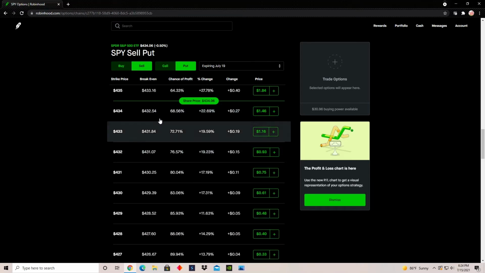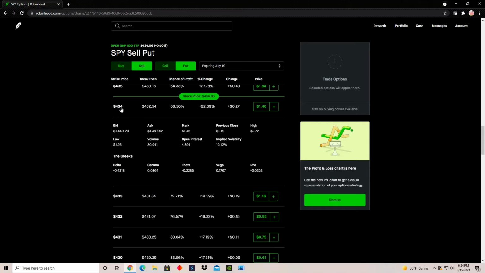So since the strike is $434 and we're dealing with 100 shares, you need enough collateral in your account to sell this particular options contract for SPY. The share price of SPY right now is $434.06, so in order to sell this put contract, you would need $43,400.